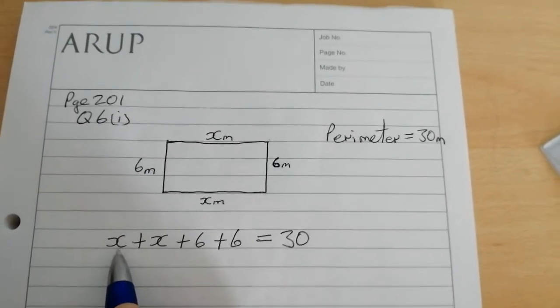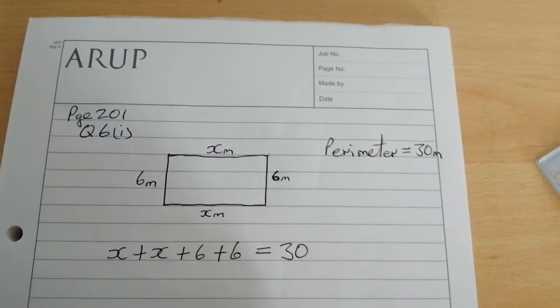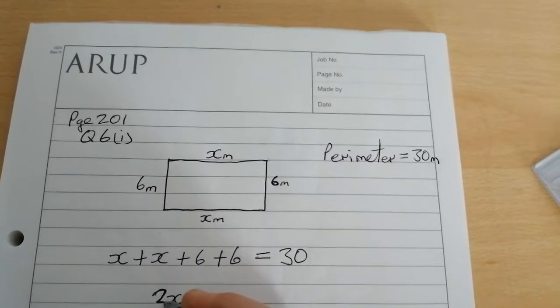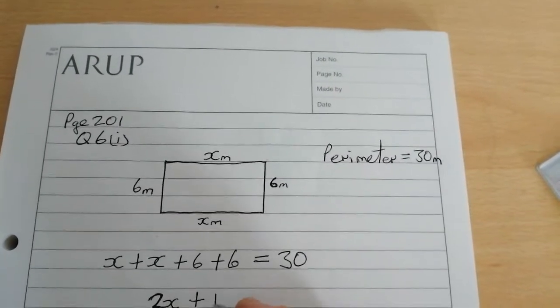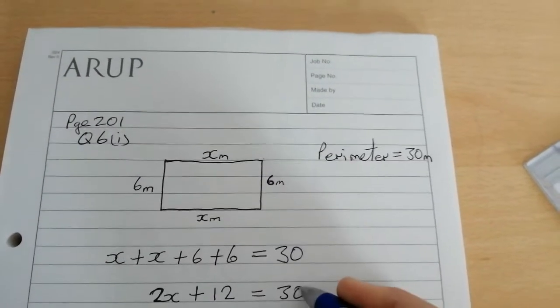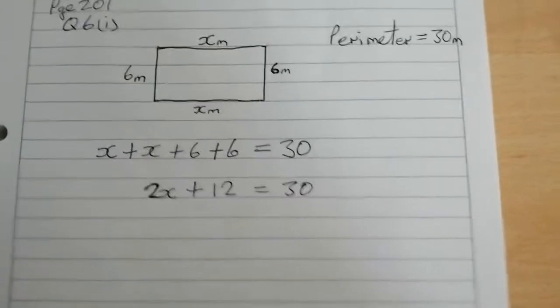Well, we can tidy it up a little bit first of all and say that X plus X, or 1X plus 1X, is 2X, isn't it? Okay, and this 6 plus 6, well, 6 plus 6 is just 12, isn't it? Now that we've tidied it up, we better start solving by trying to get the 2x on its own on one side.